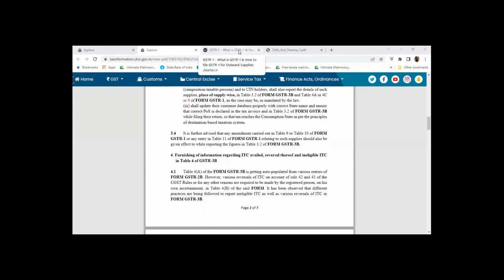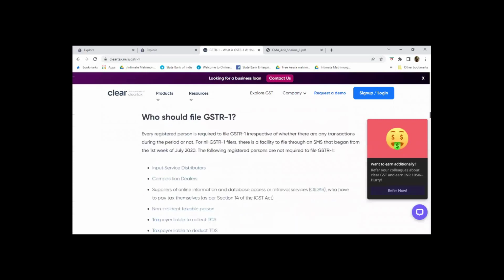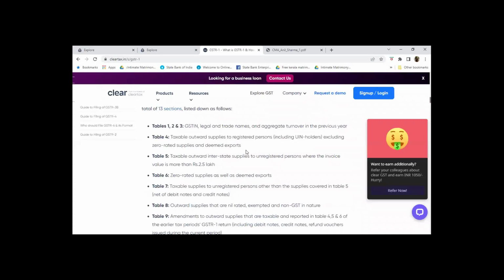Table 4 is taxable outward supplies to registered persons including UIN holders, excluding zero rated supplies and deemed exports. Then table 4C.